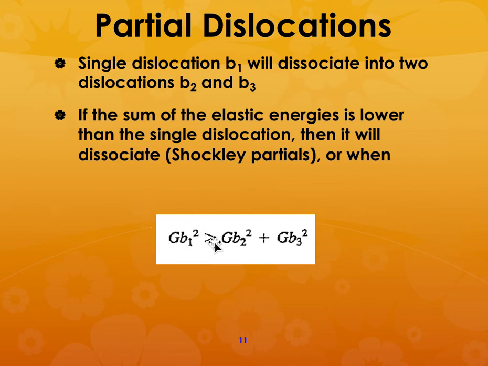The elastic strain energy of the single dislocation is greater than that of the partials. That's why it becomes easier for those dislocations to dissociate and then later combine into one again and start moving again.